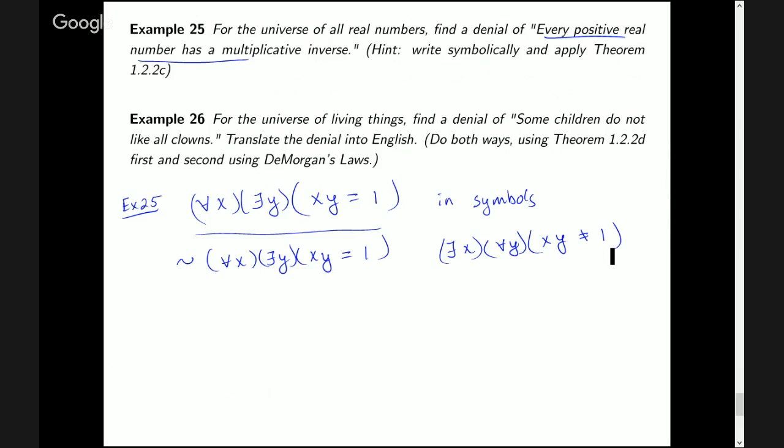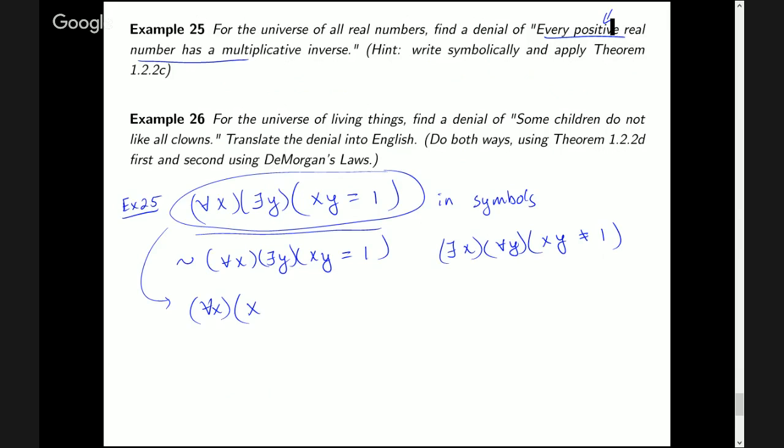Now, if you're following along in the book, you'll notice that I didn't give this. You could have also written this part in symbols a little bit differently. This is equivalent to this one. You have for all x, assuming x is greater than 0, because they didn't actually, oh, they did. Every positive real number.